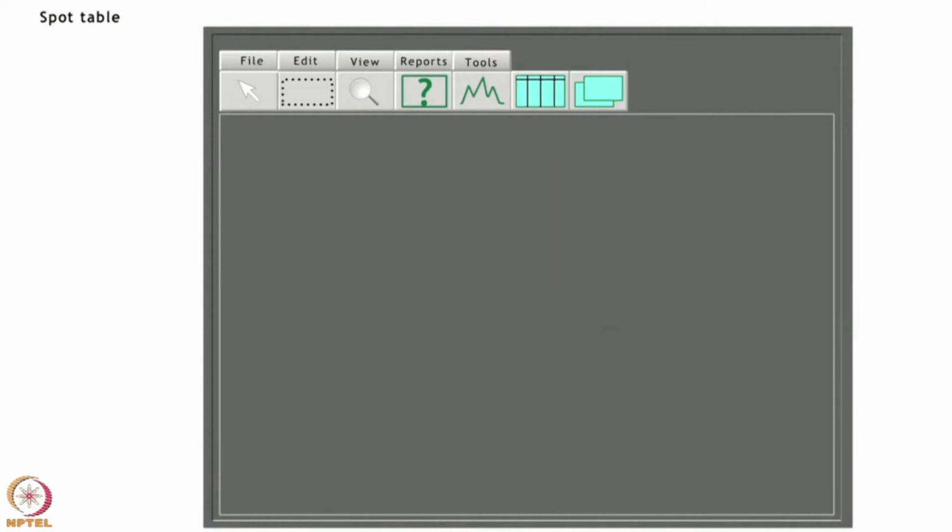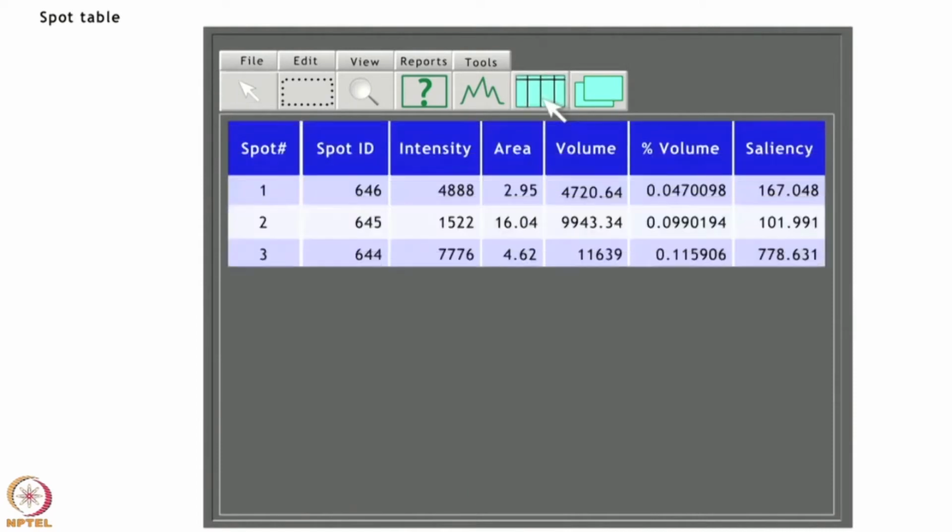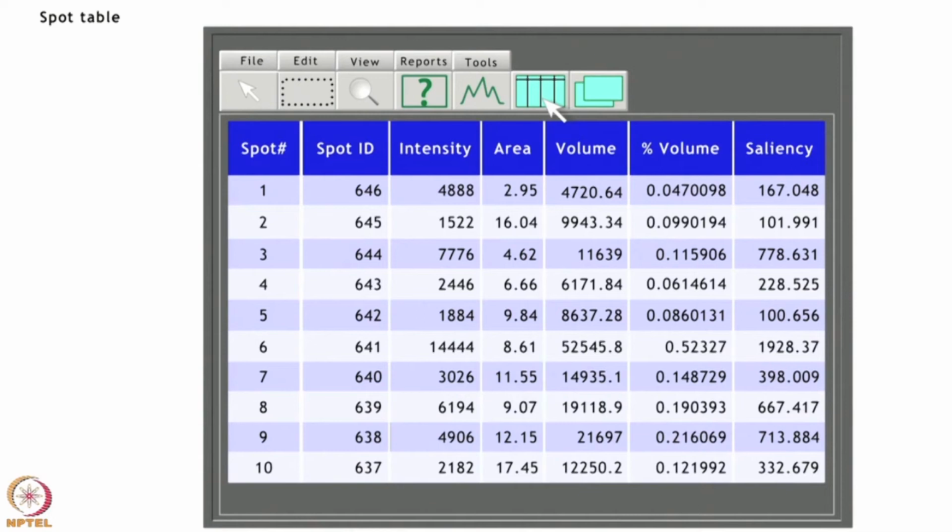Information regarding the various physical parameters of each spot can be obtained via the spot table. This table provides the spot number, intensity, area, and volume of spots, as well as the saliency of spots. These parameters help in judging the quality of a gel.